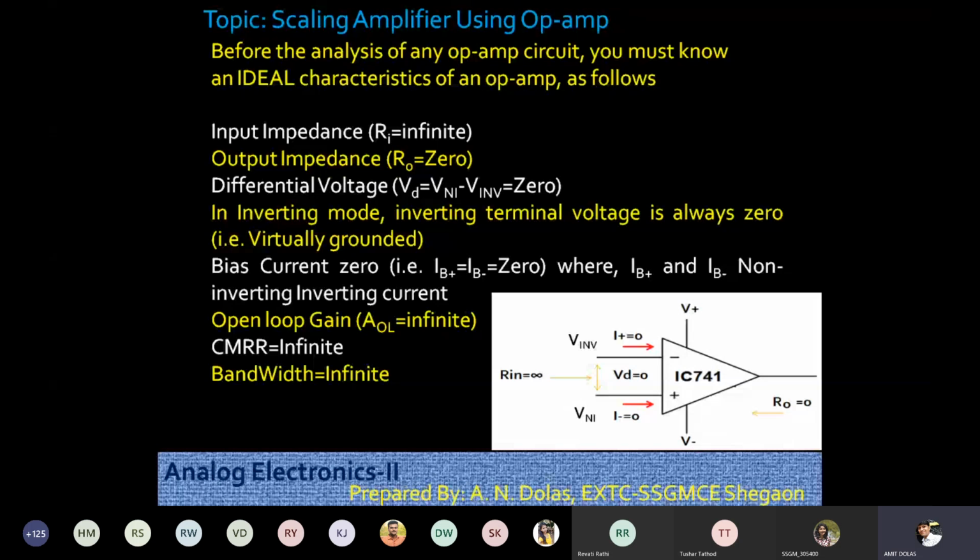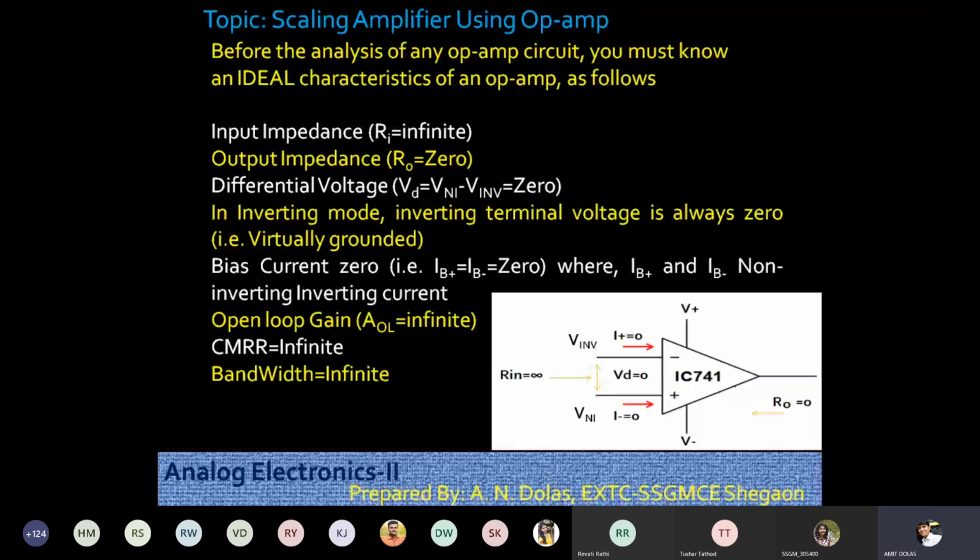Bias currents are 0, no current passes into the op-amp as input impedance is infinite. Infinite resistance means there is no current. Then open loop gain is infinite, CMRR is infinite, and bandwidth is infinite. So while solving any op-amp circuit, you must remember these ideal characteristics. So analysis becomes very, very easy.